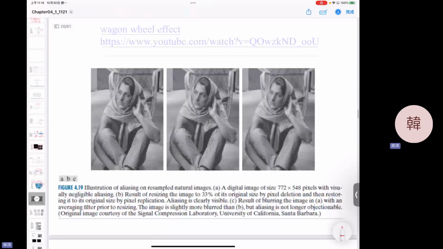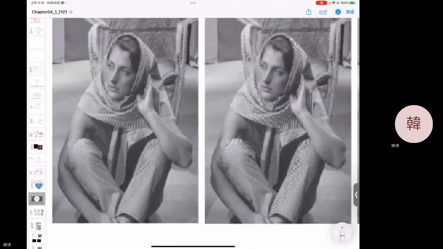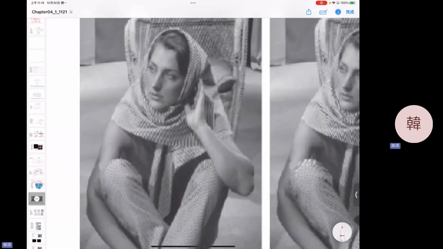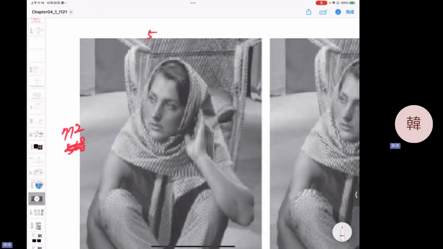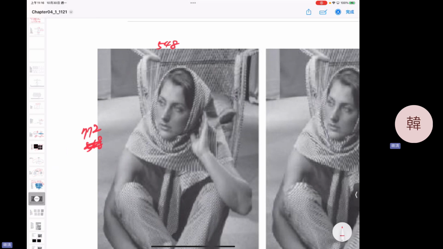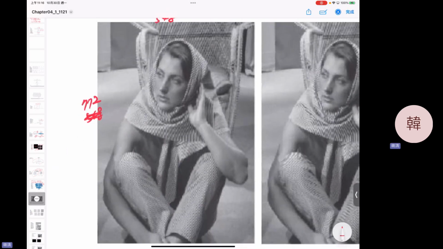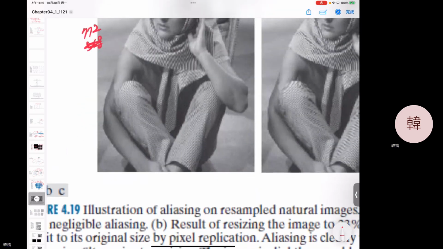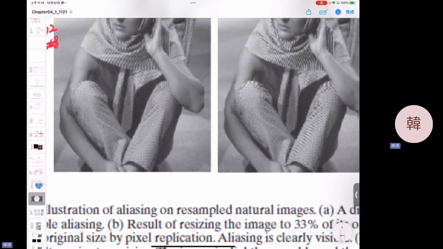Let's look at this image. I have to make it larger. So this is 772 pixels times 548 pixels for this image. I think this is the original image. Try to introduce the aliasing of the resampled natural image.